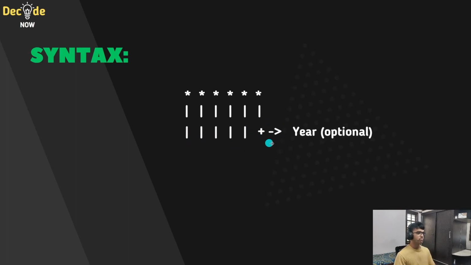The first field represents the year of the cron expression. This is completely optional. We can mention something like 23 or 2022. Most of the time we don't use this, but still this is one of the time fields that we use in the cron expression.